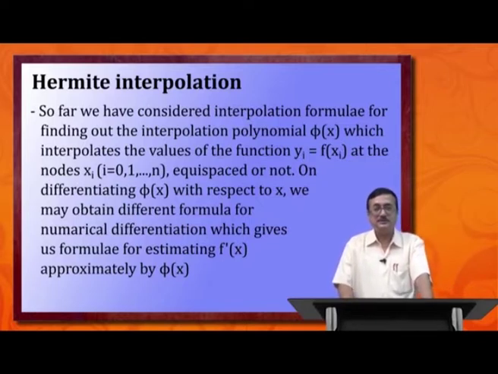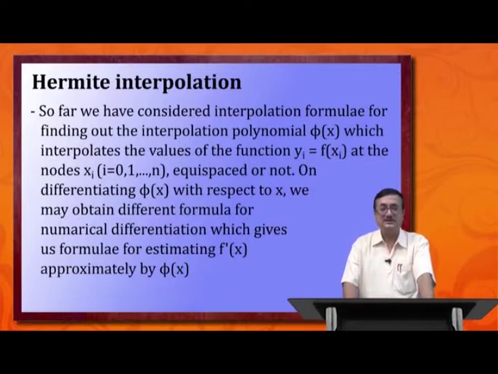If we put x equal to any point which does not coincide with the given arguments, then we can determine the value of dy/dx at that point. That is the slope of the function at the given point on the basis of the surrounding values of f(x).